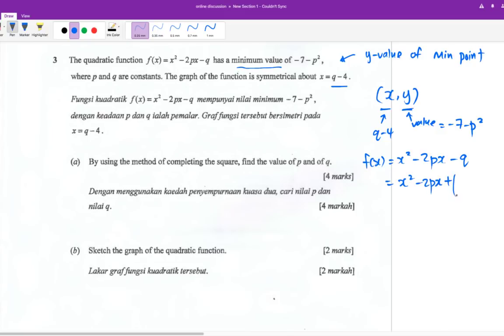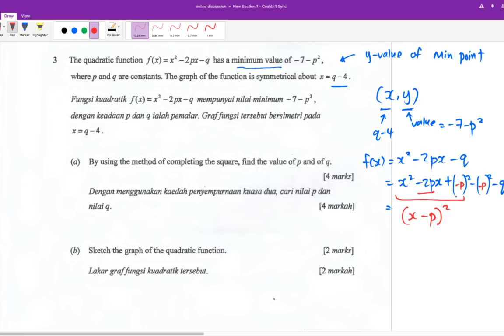Then you plus something squared, minus something squared, and then minus q. The something here will be your b divided by 2. Your b is -2p, so it becomes -p because you divide by 2. Then the first 3 terms you combine to become something in brackets squared, taking the first and the last term, which is (x minus p).